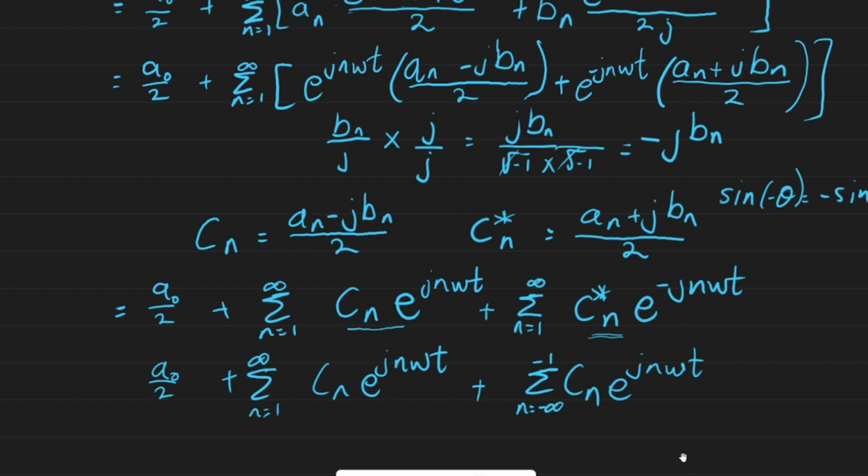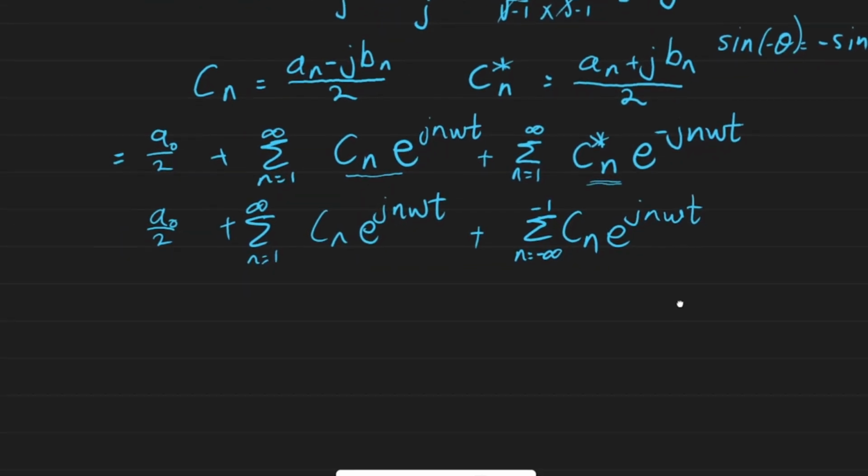So if we just look at what we have thus far, let's look at the boundaries of n in terms of what we have written. We have n going from minus infinity to minus 1, and then we have a value for where n is equal to 0. And then what's left?